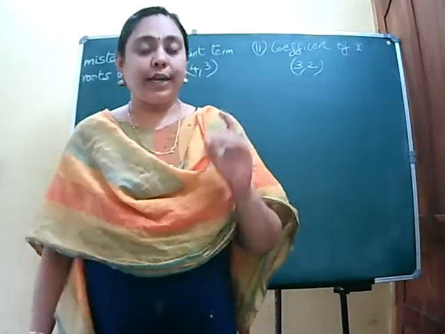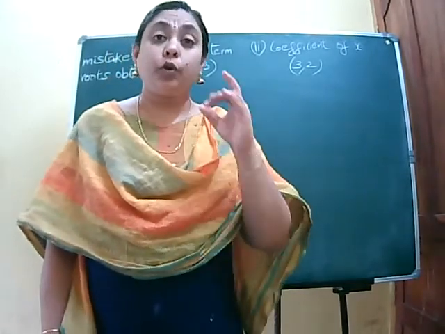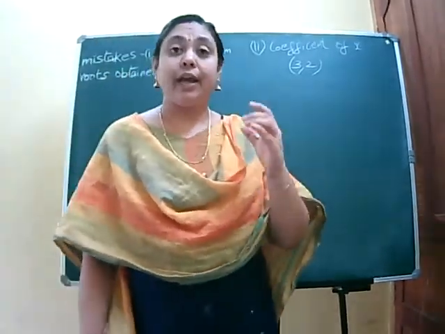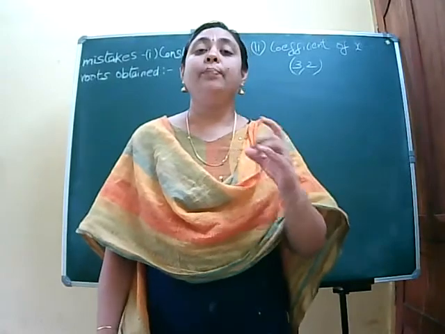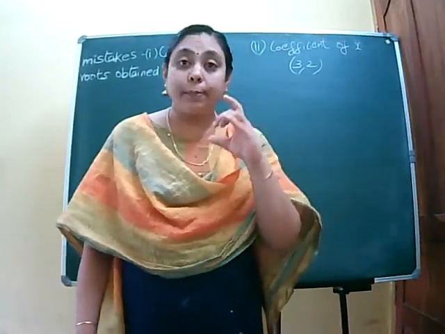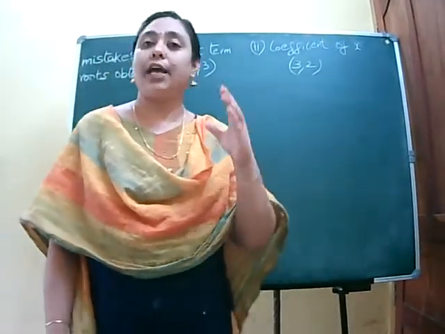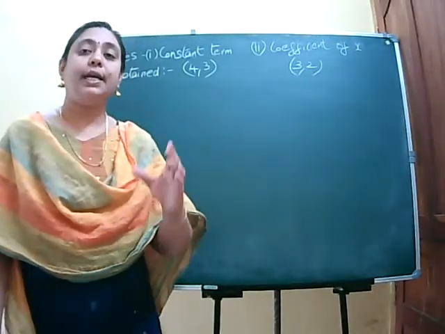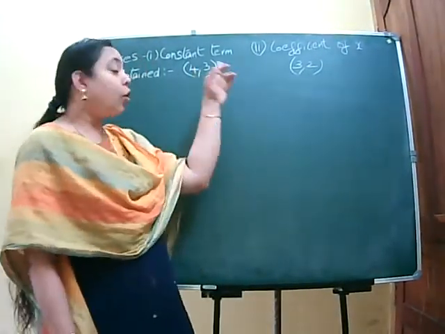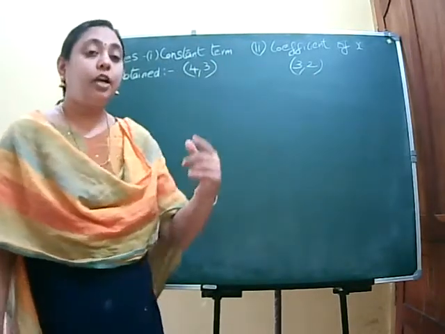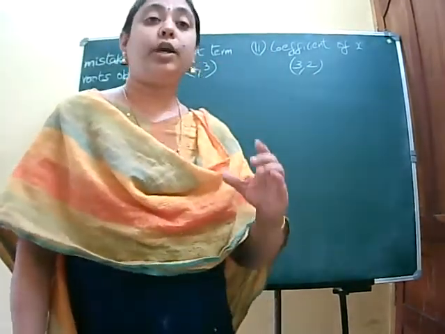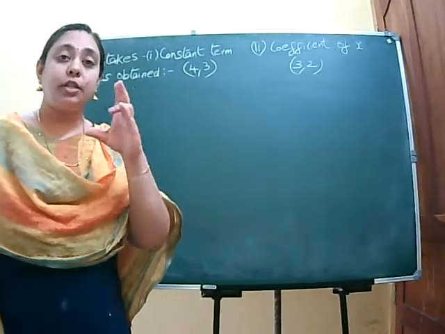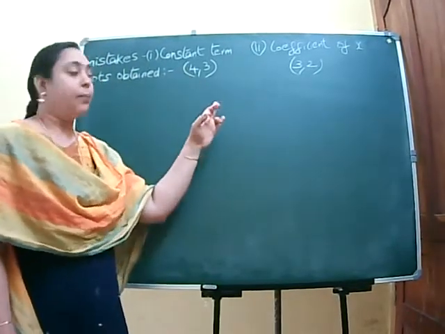Okay, so let us start. Here, two students are solving a quadratic equation and both of them make mistakes in writing down that equation. The first student makes the mistake in writing down the constant term, and solving that wrong equation, he obtained the results 4 and 3.